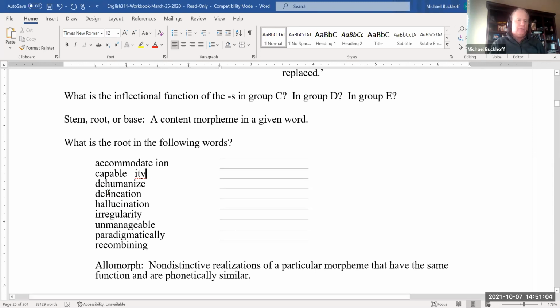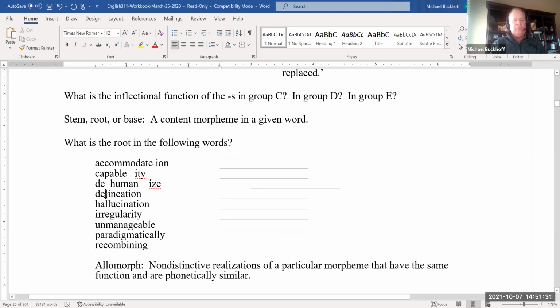Dehumanize. What's the root there? Human. That's it, right? So we can break that one up. And then when we look at this, you have to think of three things. You see human, humanize, and dehumanize. Human is a noun. Humanize is a verb. And dehumanize is a verb.